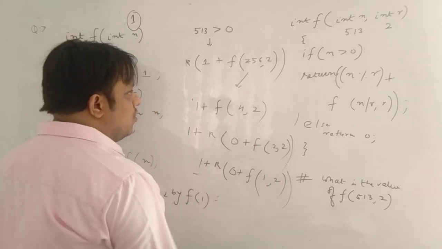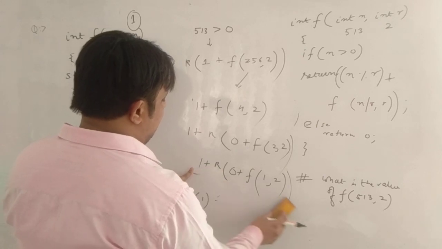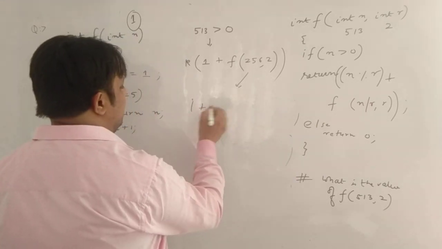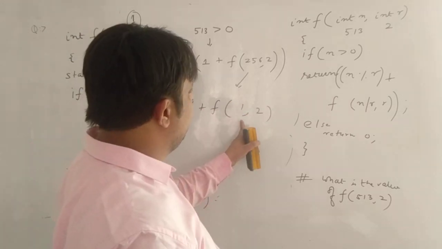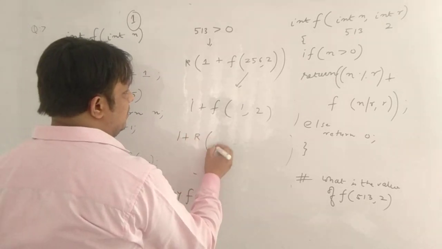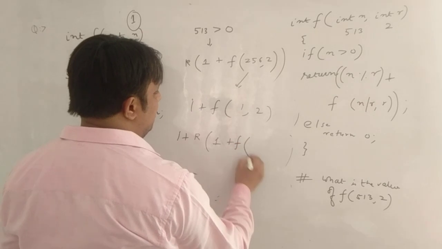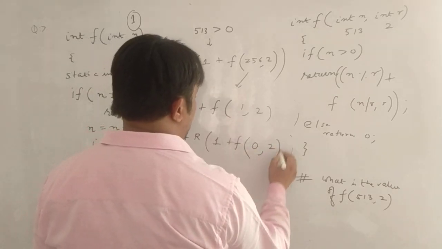Now you call 1 comma 2, this condition is true. So far it is 1 plus function 1 comma 2. N is greater than 0, condition true, so return n modulus r. 1 modulus 2 is 1, plus function n by r, 1 by 2 is 0 comma 2.